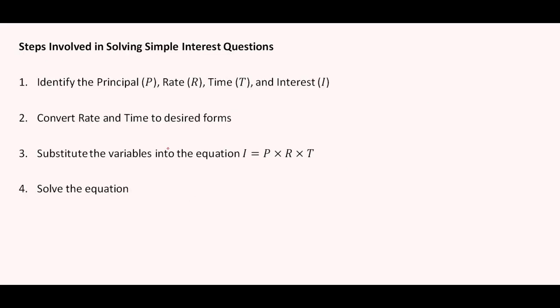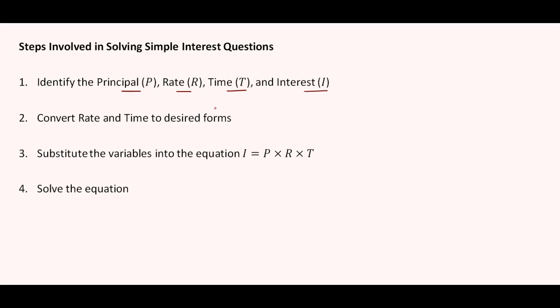So let's take a look at some steps that we follow. I always believe in making sure that you start off with identifying the most important terms or the most important components of the question. So you want to identify the principal, the rate, the time, and the interest if possible, because in some questions you may be given the interest and you may be asked to look for either the rate, the time, or the principal.